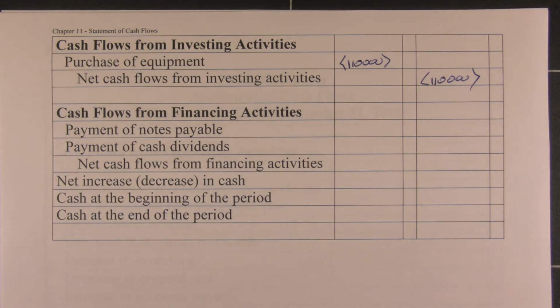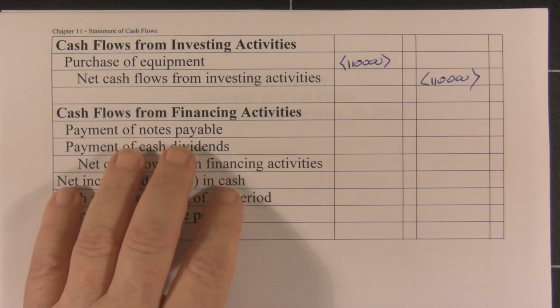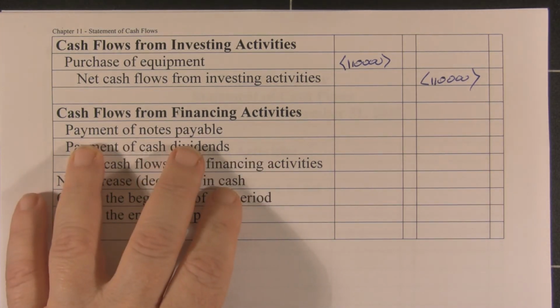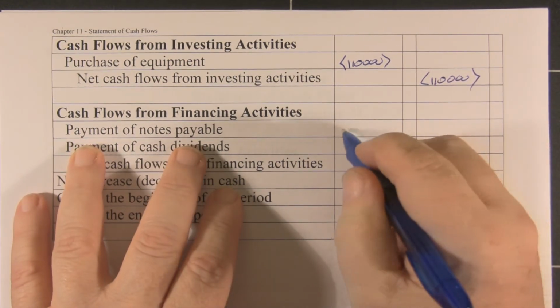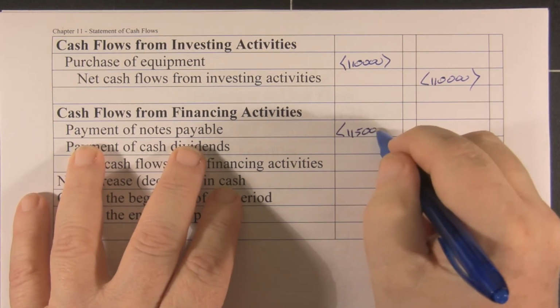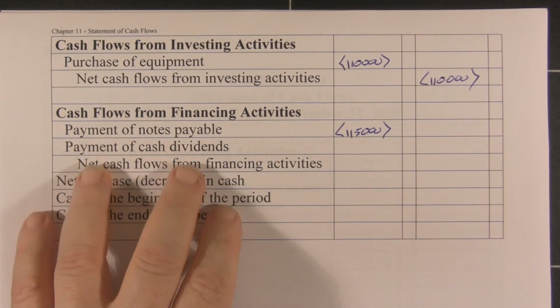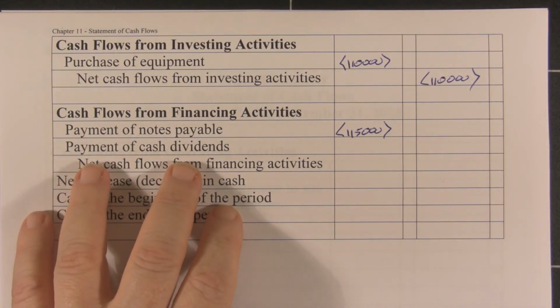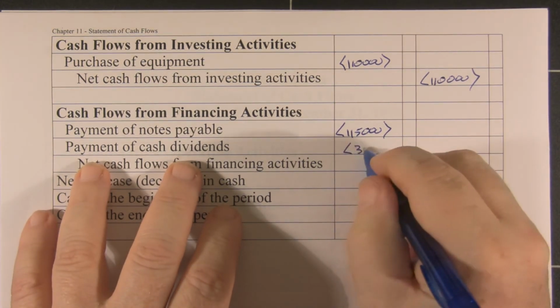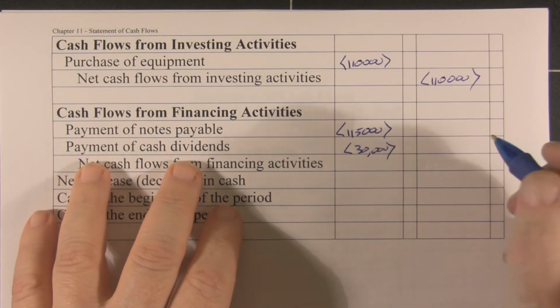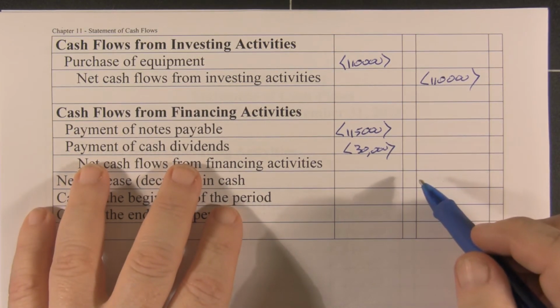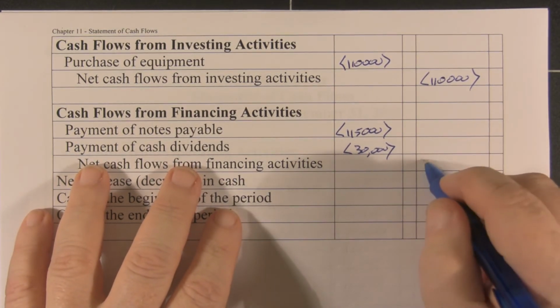Then they tell us, again, this is in the additional information, the company repays $115,000 in notes payable. Well, if you pay, it means you're using cash. So that's a use of cash of $115,000. And we paid cash dividends, and again, this is in the additional information below. The company declares and pays a cash dividend of $30,000. So the cash used by financing activities is $145,000.